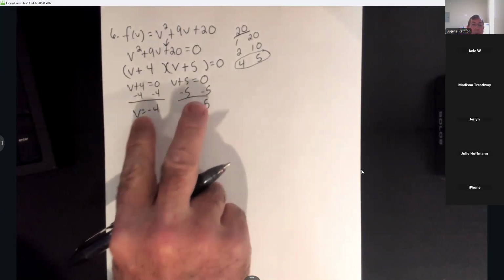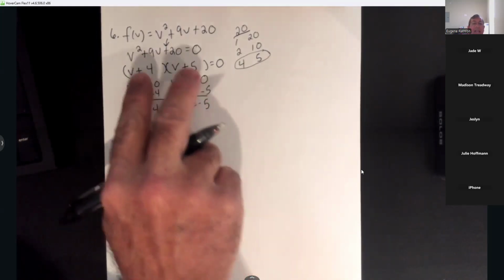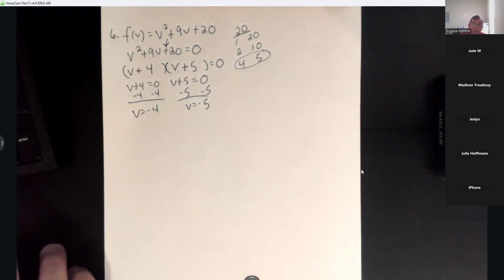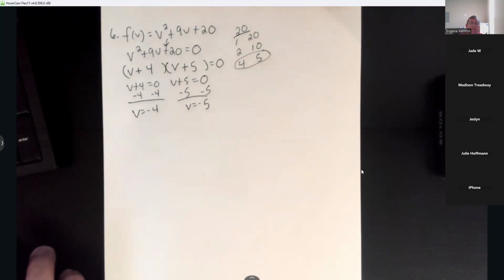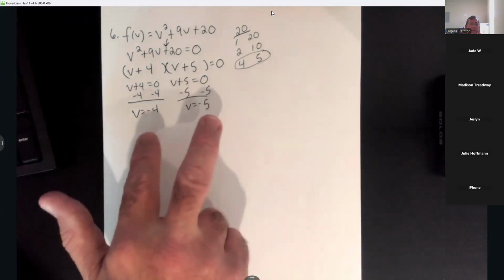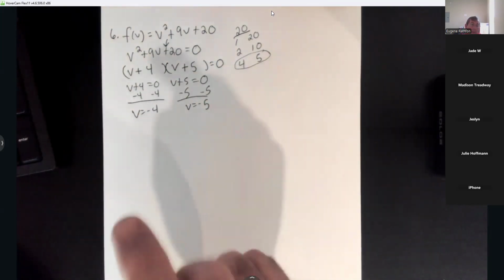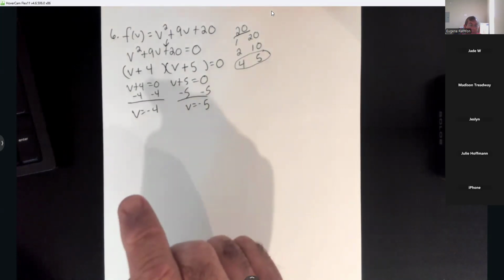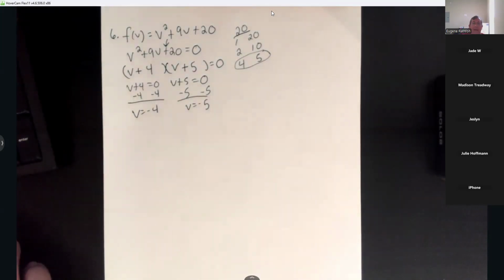The solutions are always opposite in sign than the factors were, okay? So yeah, number 6 is pretty quick to factor if you want to, okay? Alrighty, so are y'all good on factoring this one, or is anyone going to try to do the quadratic formula to that one? So y'all are actually good factoring it? Alrighty.